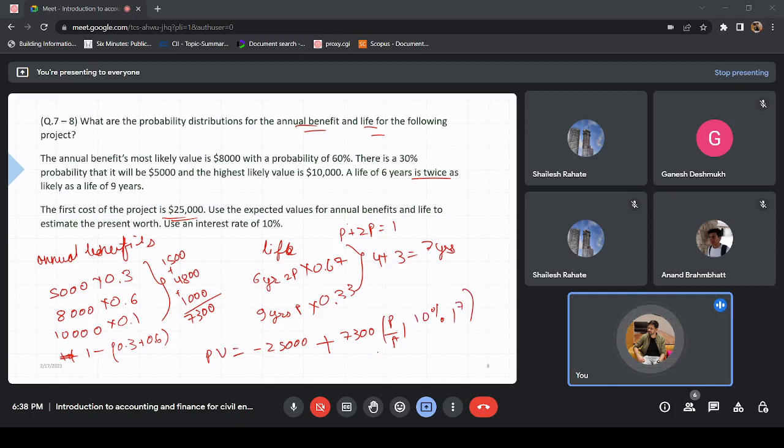Any confusion till now? Or how we got this table? How we got this equation? Anything?